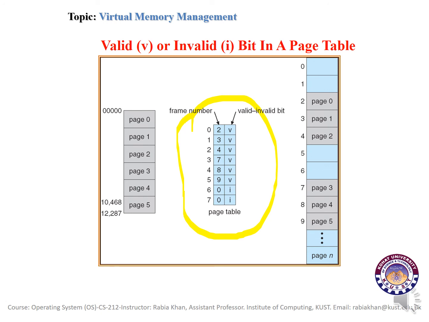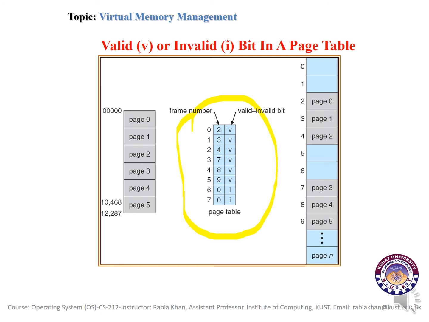Otherwise, in the system, the valid bit is represented with signal on, and the pages that are not present in main memory are represented here as I, but in the system, they are represented as signal off. So pages 6 and 7, as you can see in the page table, are not present in the main memory.